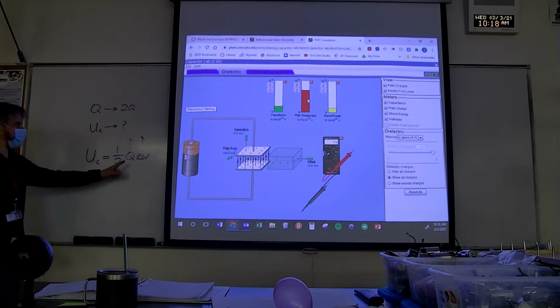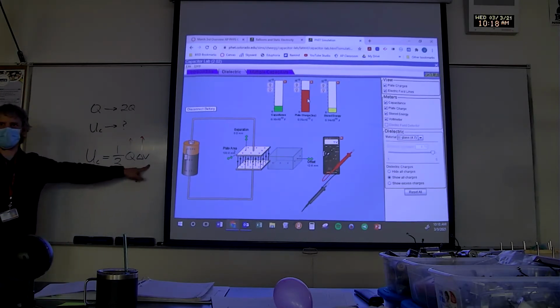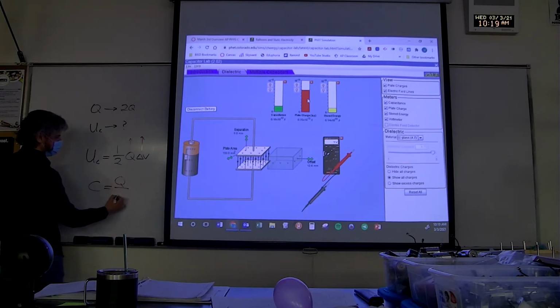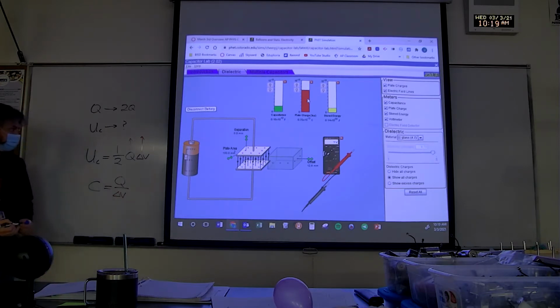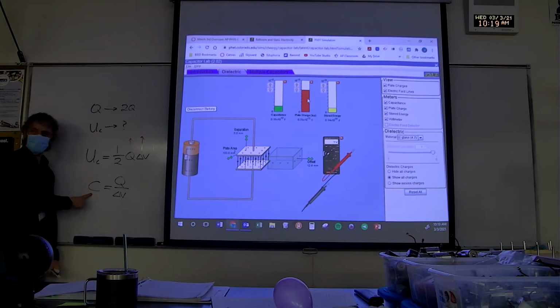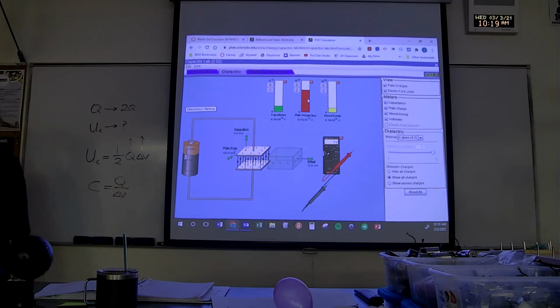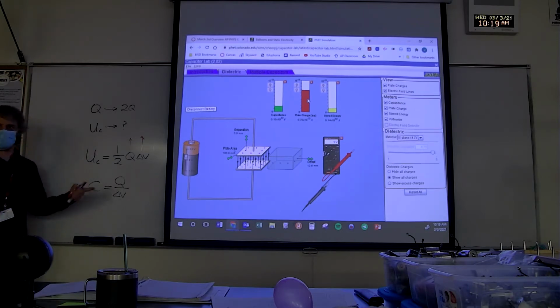I can't just double the charge on a capacitor without doubling the voltage, because the capacitance is equal to charge over potential difference. The capacitance does not change. So if I increase the charge, I must increase the potential difference by the same amount, right? Because I know that the capacitance won't change.